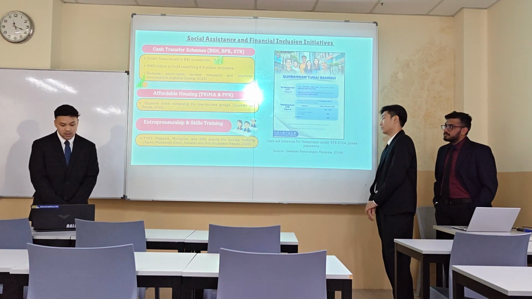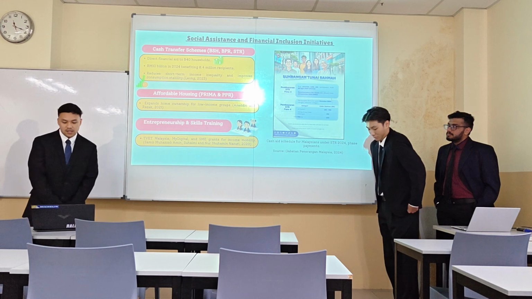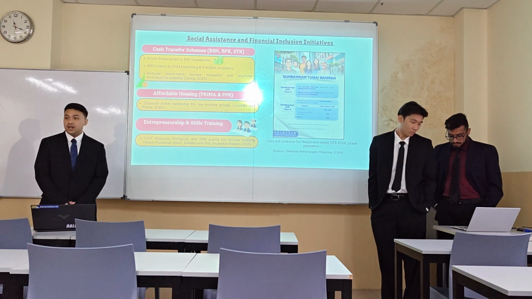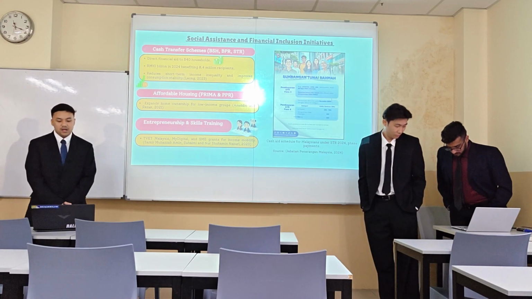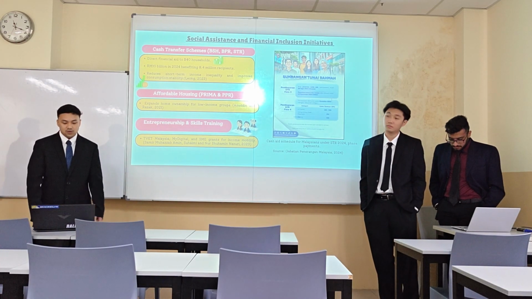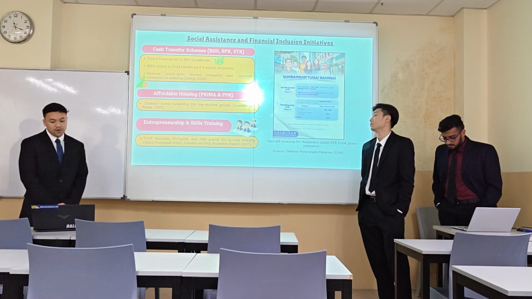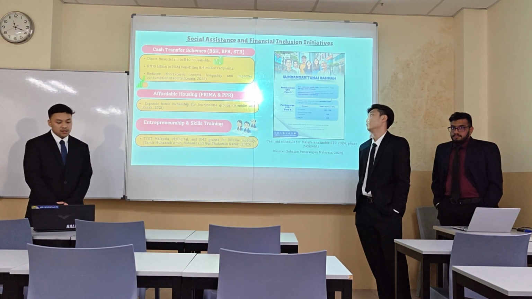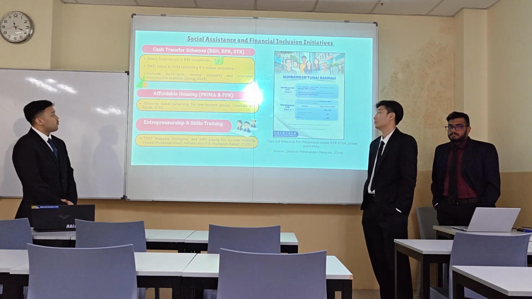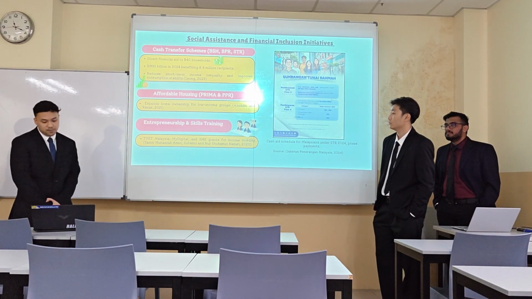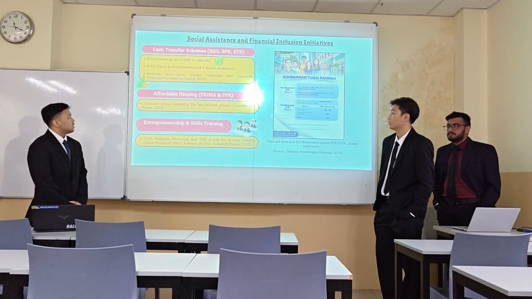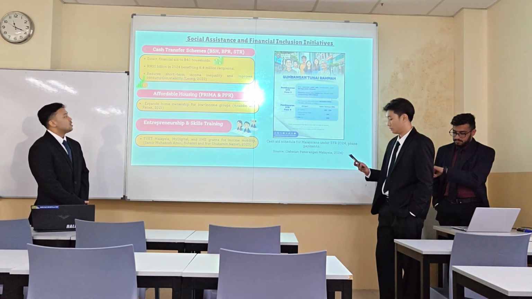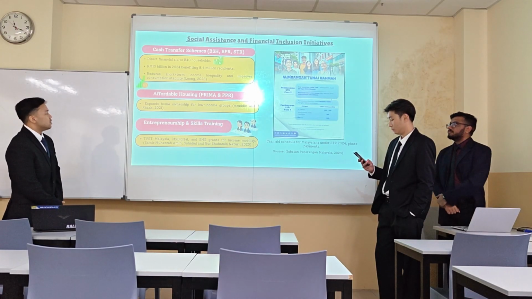These programs deliver direct financial aid to B40 households, helping them meet daily needs and improve living standards. In 2024, the government allocated 10 billion ringgit that benefited 8.4 million recipients nationwide. This has reduced short-term income inequality and improved consumption stability.